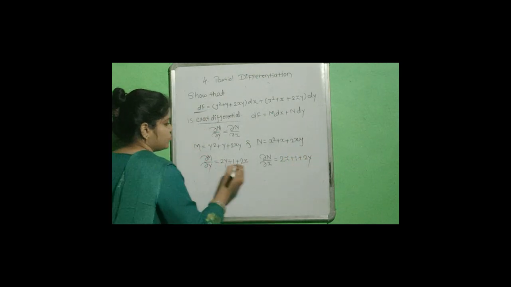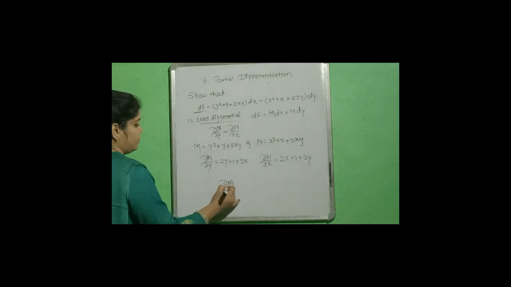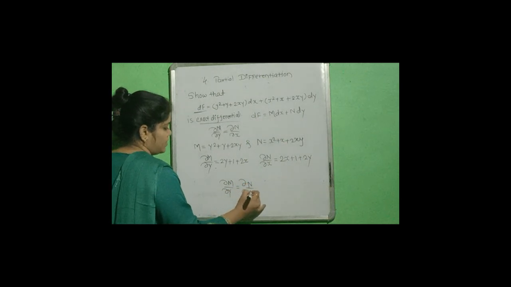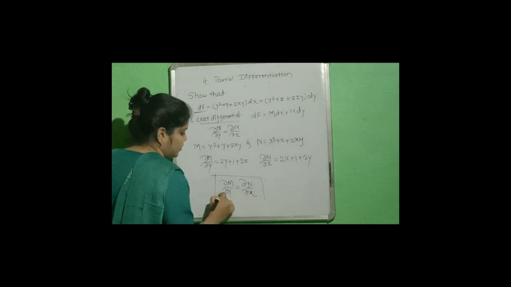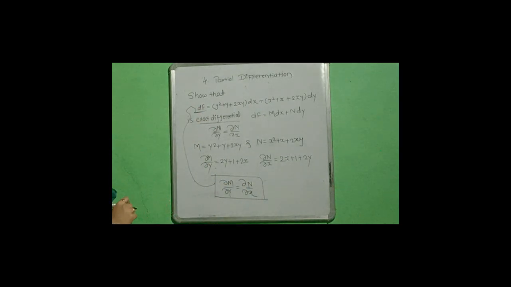If you observe, these two terms are the same, meaning the condition ∂M/∂y equals ∂N/∂x is satisfied. Then we can say that the above equation df is actually an exact differential equation.